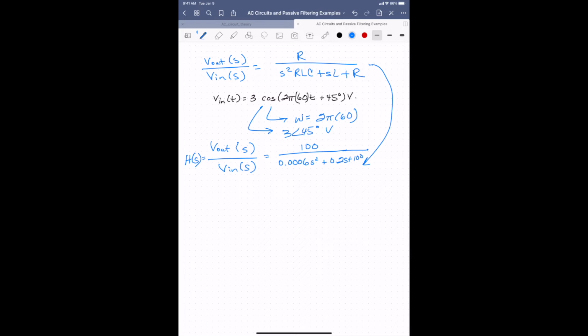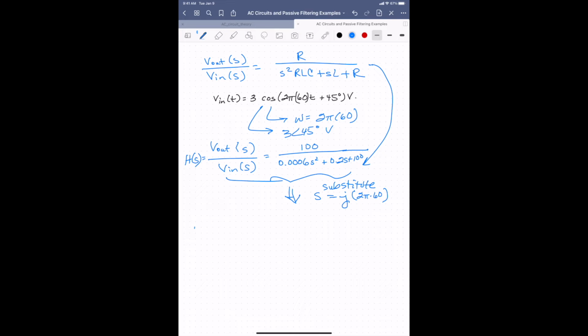So what we need to do at this point is, from this equation, substitute S equal to J omega, which is 2 pi times 60.